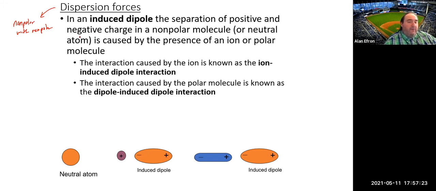Out of all of these intermolecular forces, as we will talk about, the dispersion forces are pretty much the weakest in terms of interactions.